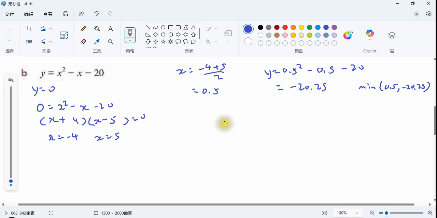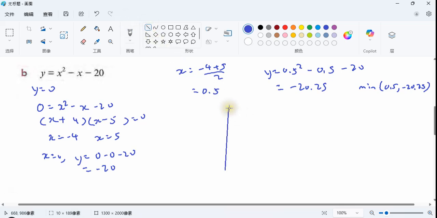Okay. And then when x equals 0, y equals 0 minus 0 minus 20, which is negative 20. Okay, so we have the x-intercepts, y-intercept, -4 and 5 here.